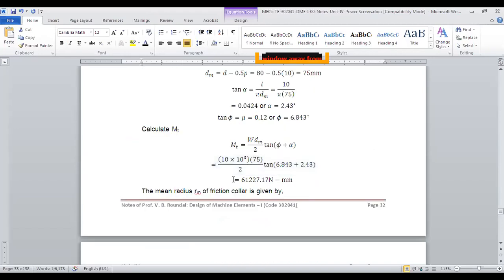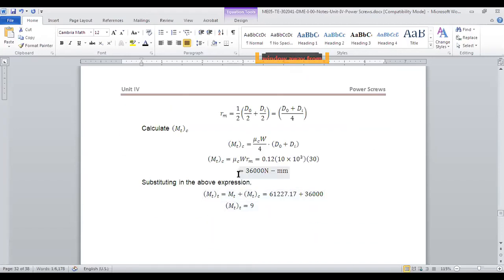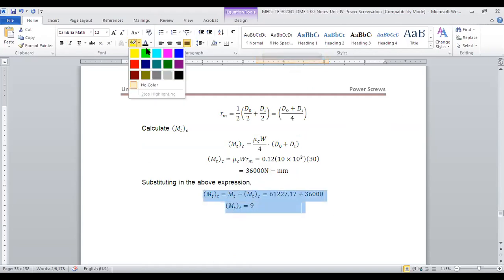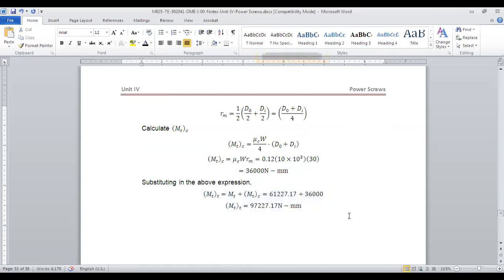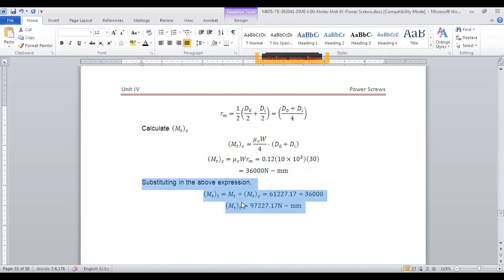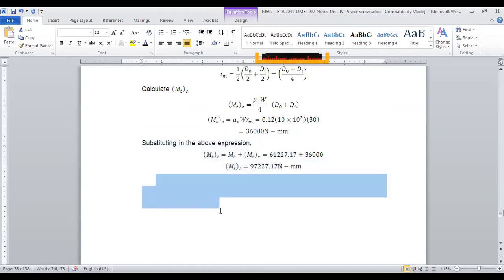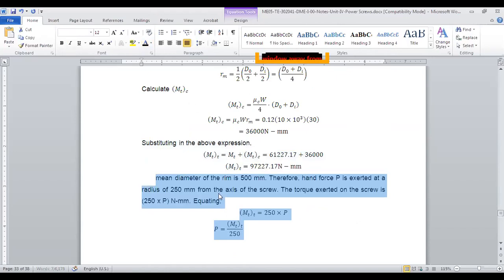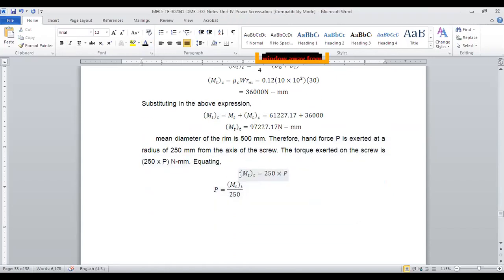So we got MT 61,000, MTC 36,000, and now the total torque will be the addition of these two, 36,000 plus 61,000. So we'll get 97,227. This is the torque which is required to overcome the friction between the threads and friction between the collar, right? So this will be matched with the torque we have to give at the handle.